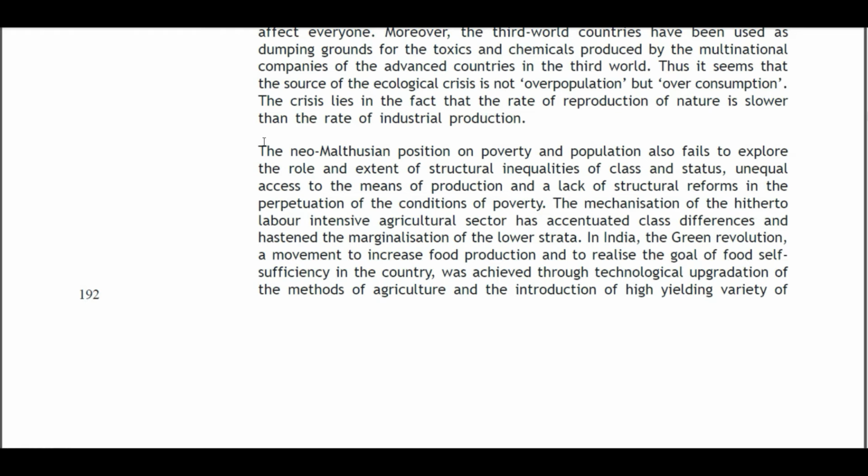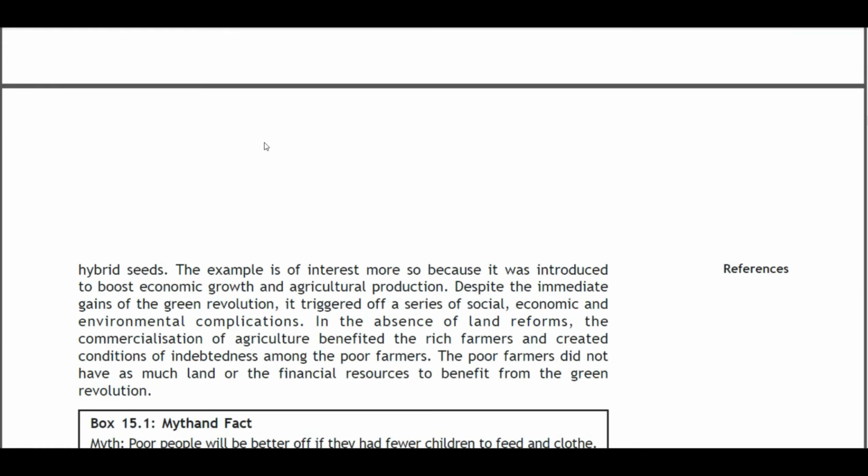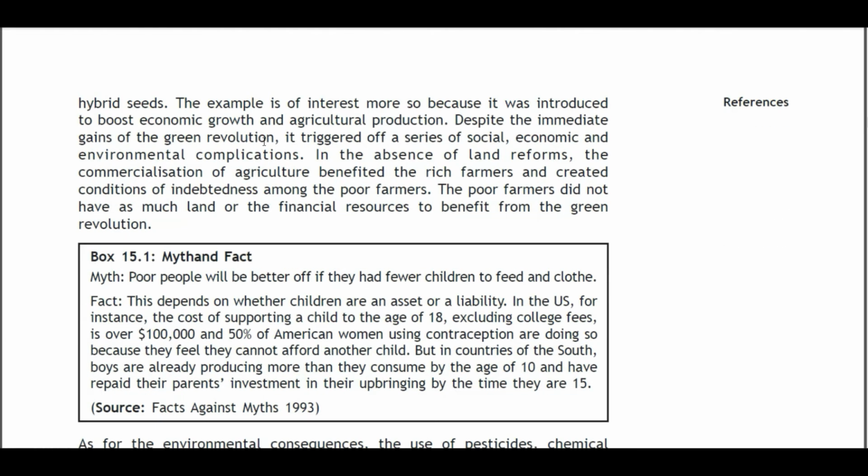In India, the Green Revolution, a movement to increase food production and to realize the goal of food self-sufficiency in the country, was achieved through technological upgradation of the methods of agriculture and introduction of high-yielding varieties of hybrid seeds. The example is of interest more so because it was introduced to boost economic growth and agricultural production. Despite the immediate gains of the Green Revolution, it triggered a series of social, economic, and environmental complications.